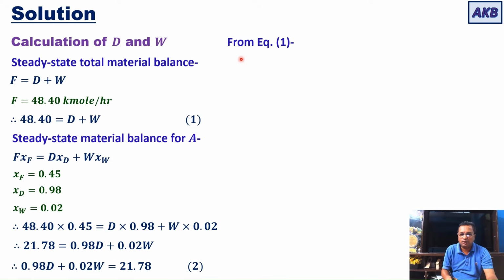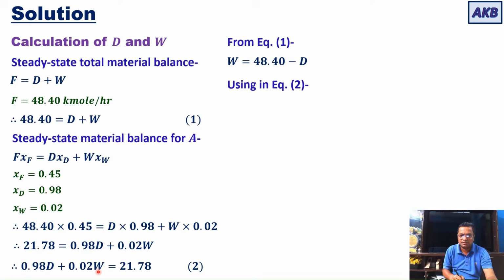From equation 1, W can be written as W is equal to 48.40 minus D. And I am going to use this equation for W in equation number 2.